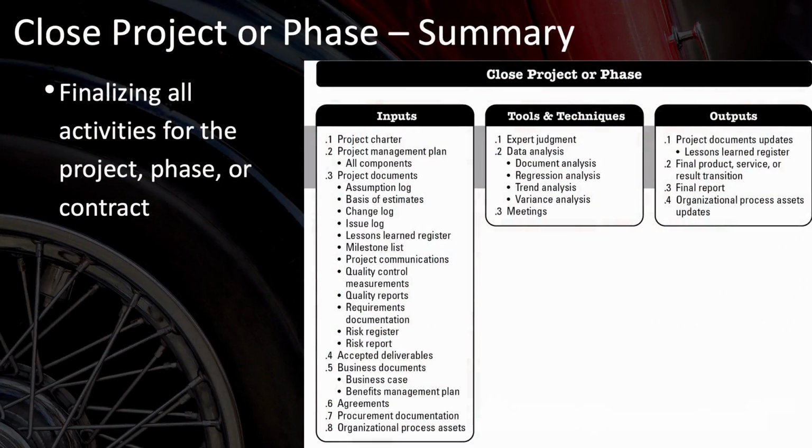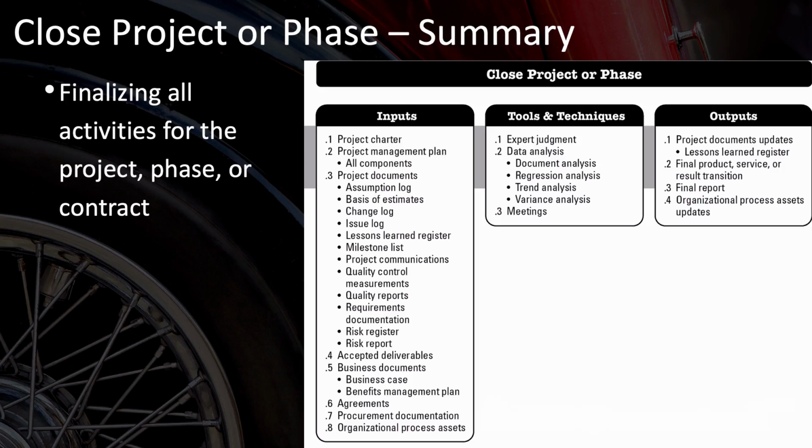To summarize the inputs, outputs, tools, and techniques of the close project or phase process, the inputs are just about everything: all of your plans, project charter, project management plan, all of your project documents, your business documents that were generated before your project charter, plus your accepted deliverables and agreements and procurement documentation.